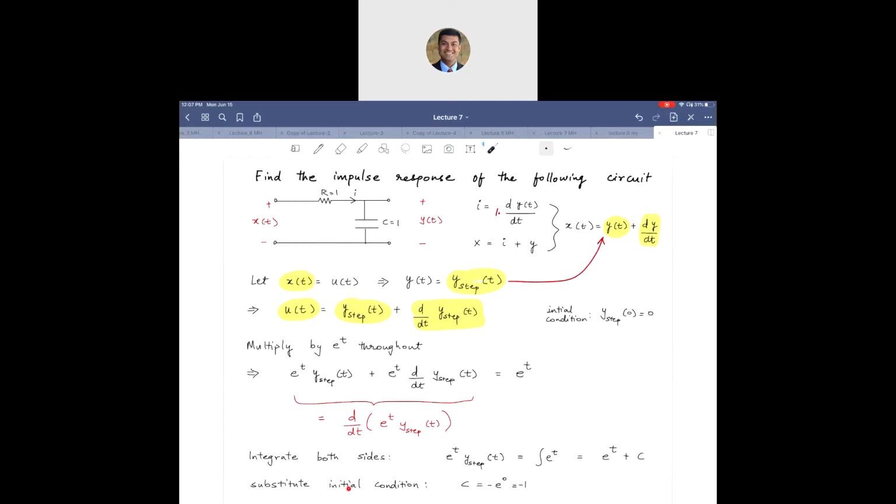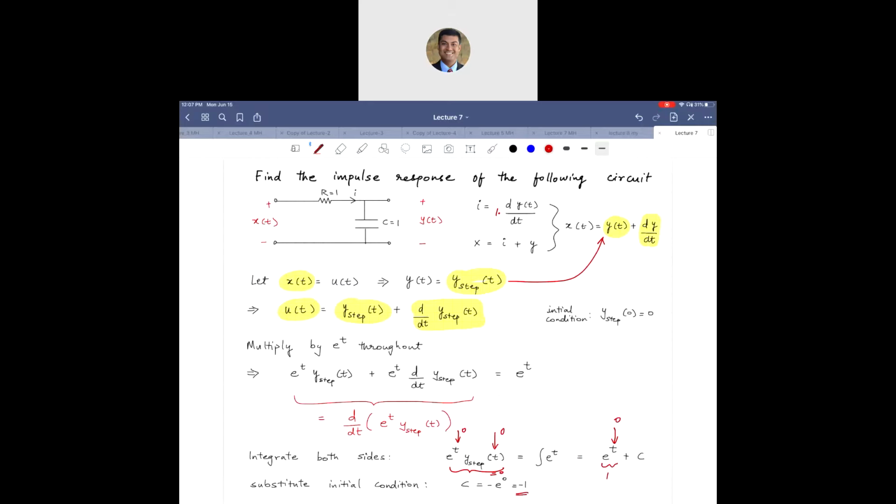If you substitute 0 there, and 0 there, and 0 there as well, you get 1 times y step of 0, which is 0. So all of that evaluates to 0, and this evaluates to 1. So c plus 1 equals 0, which means c equals -1.